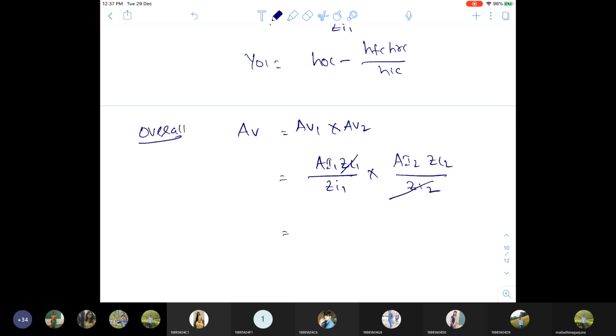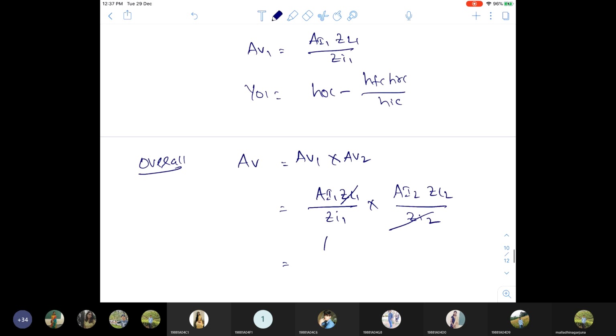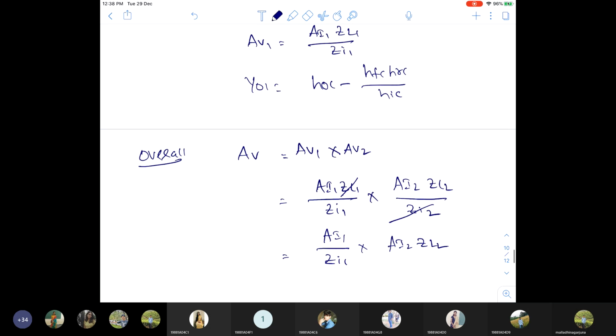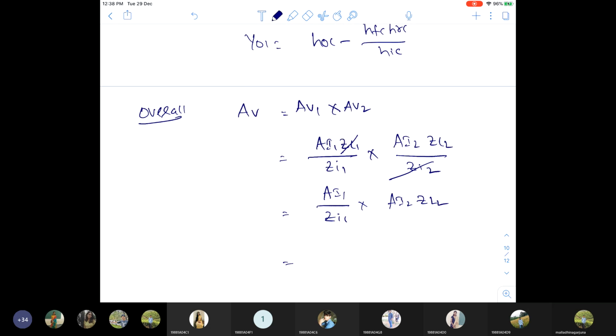So now AI1 by ZI1 into AI2 into ZL2. Is it clear? So from this you can write, AV is equal to what?